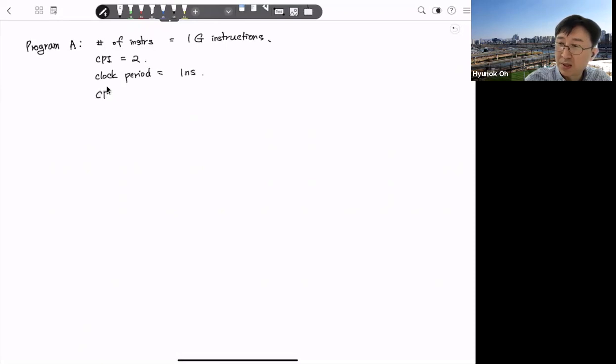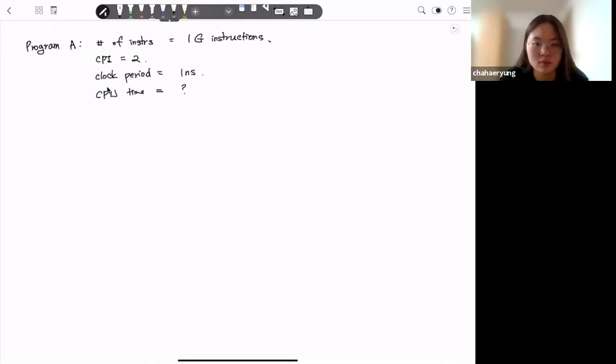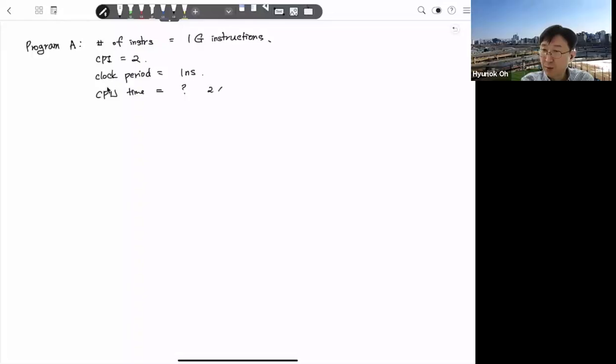Then what's the CPU time? Very simple, right? 2 times 1 giga times 1 nanosecond, which is 2 seconds.